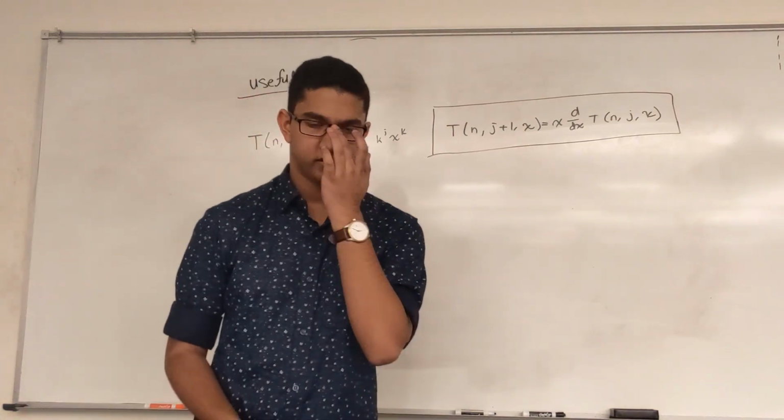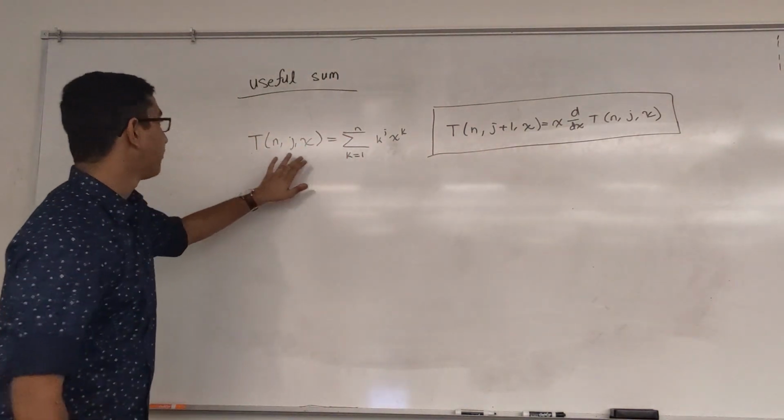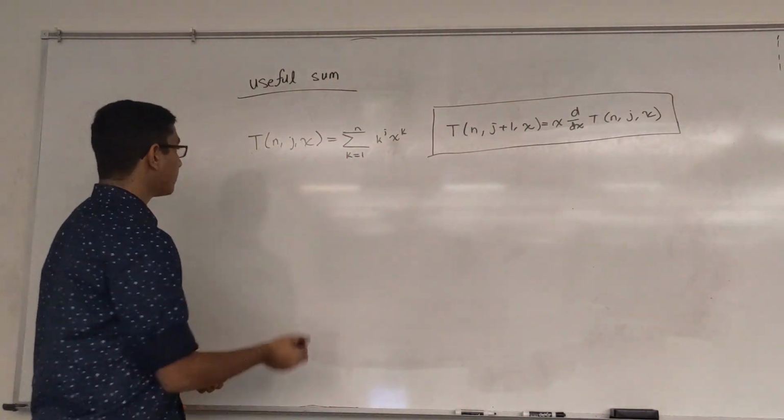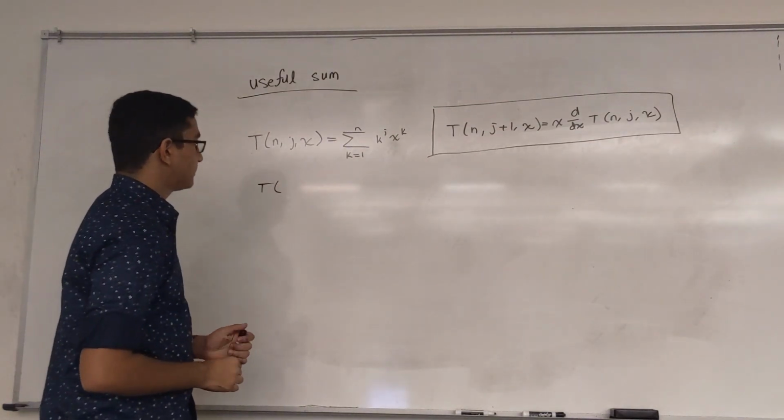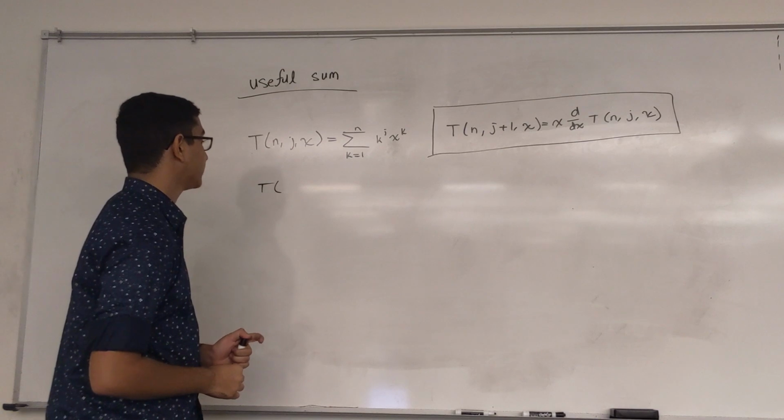Next, I want to show a quick example with a specific t of n, j, and x. Let's just say in this case we want j to equal 1.